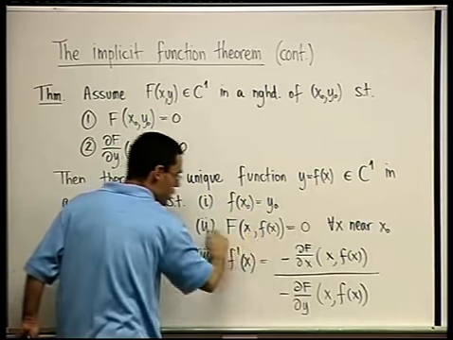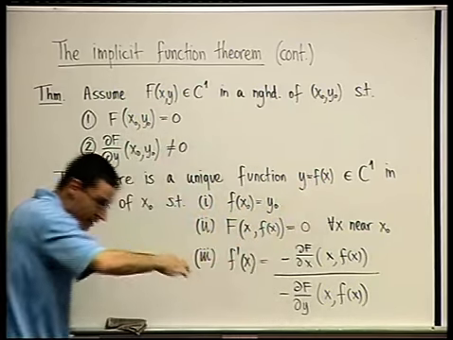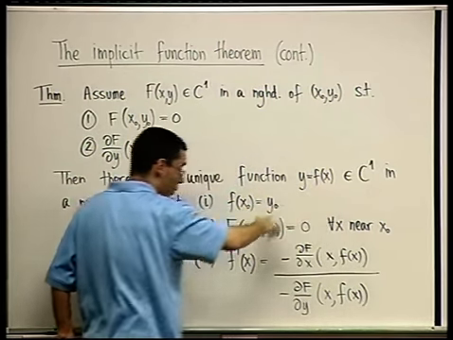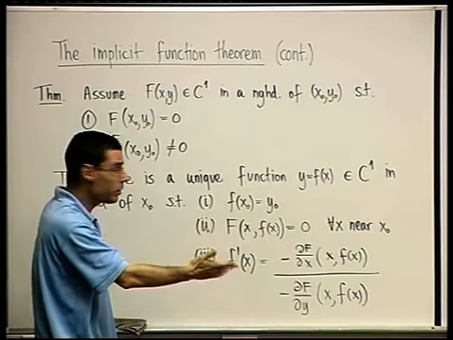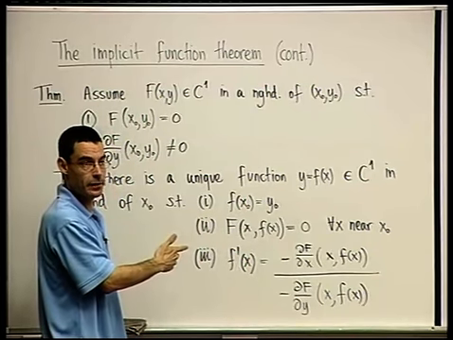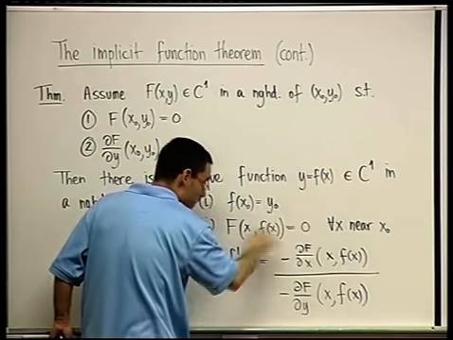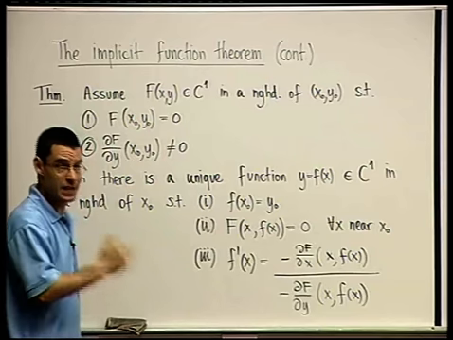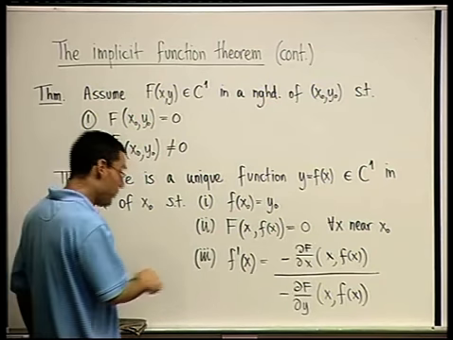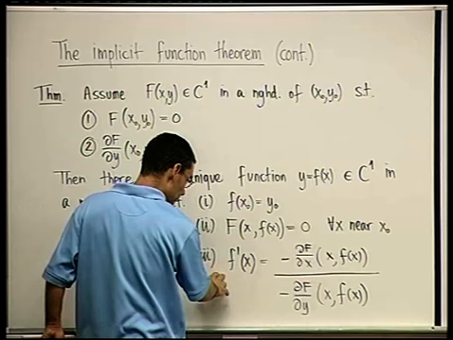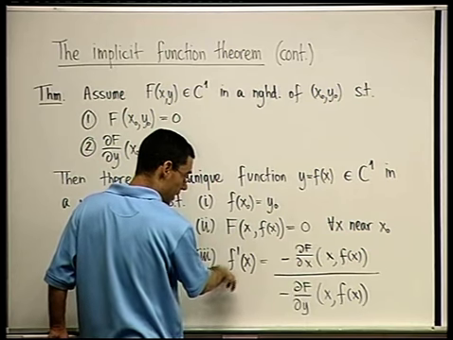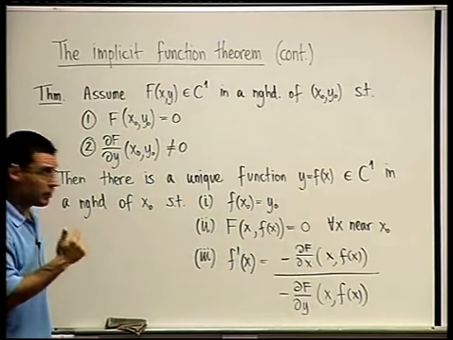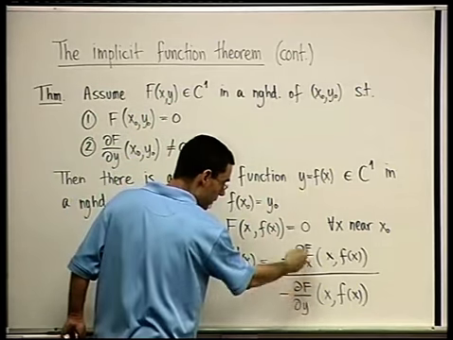This condition 2 is the one that says in the most precise way that writing y equals f of x, or writing the relation F of (x, y) equals 0, gives you the same thing. You plug in f of x for y, you get 0. And finally, there's a further result saying that you can find the derivative of this function, although you don't know a formula for it, in terms of the partial derivatives.